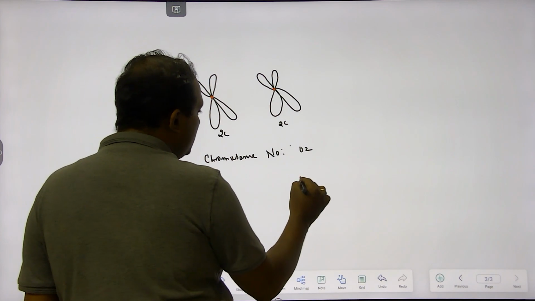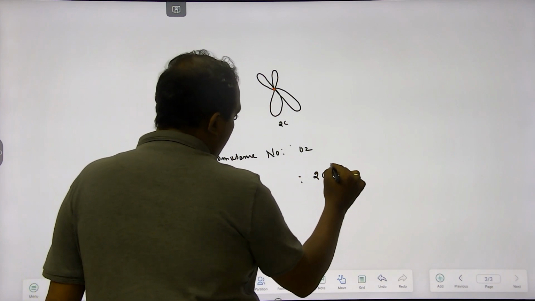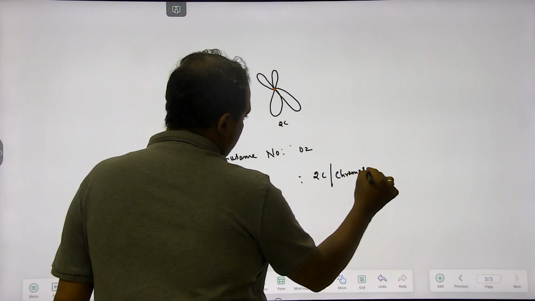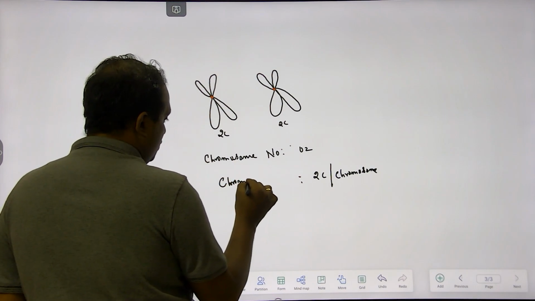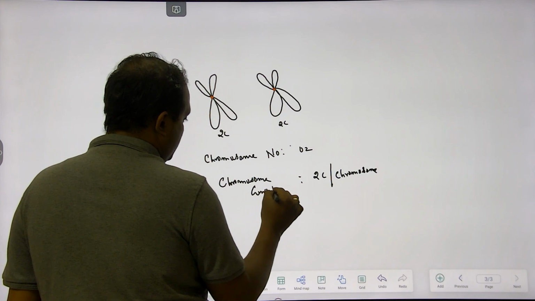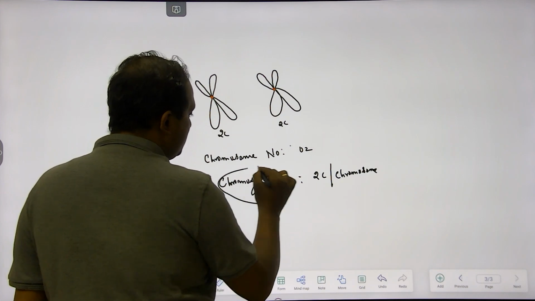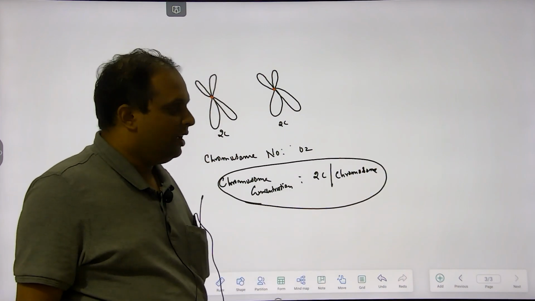So each chromosome has a concentration of 2C per chromosome. So 2C concentration per chromosome is going to be the case here, right?